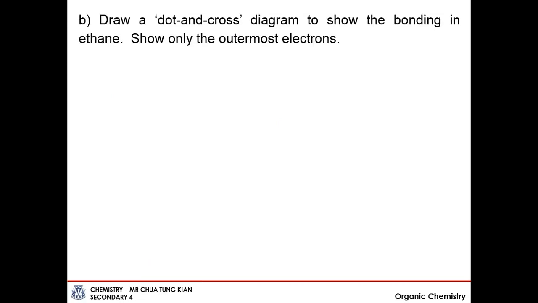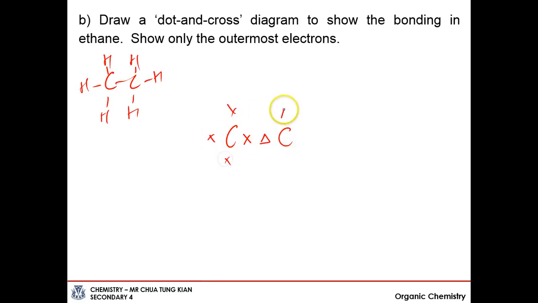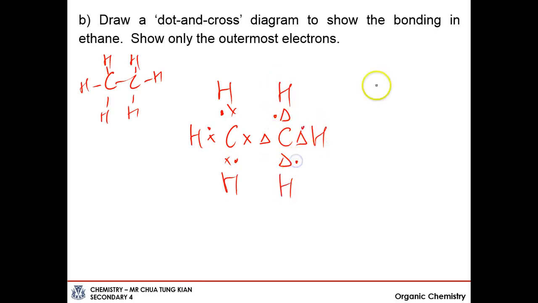And to draw the dot and cross diagram to show the bonding in ethane. So again, recall this is the structure of ethane. Every single bond here represents a pair of electrons. So if I were to draw a dot and cross diagram, it would look like this. Carbon, carbon, 1, 2, 3, 4, 1, 2, 3, 4, and six hydrogens, 1 each.